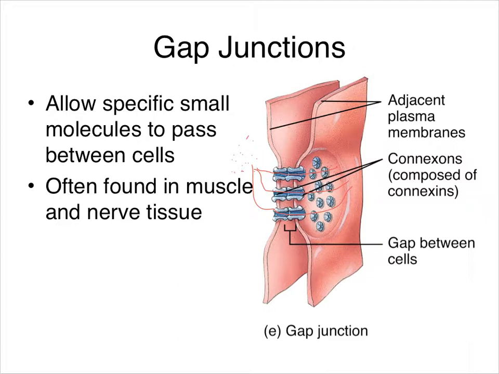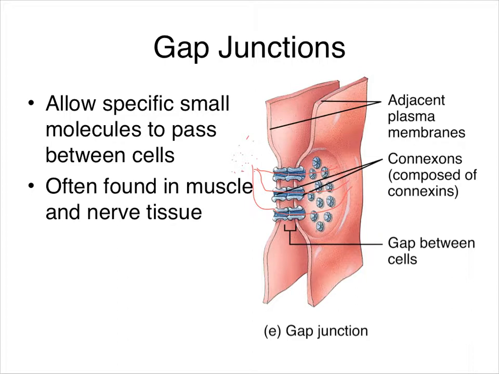This is particularly important in nerve and muscle tissue. When a nerve or muscle tissue, primarily muscle in this case, is being excited, it has ions flowing inside of it. If one muscle cell needs to pass its signal on to the next muscle cell, then those ions can move into one cell and then through the gap junction into the next cell, where they just start kicking off the reaction.